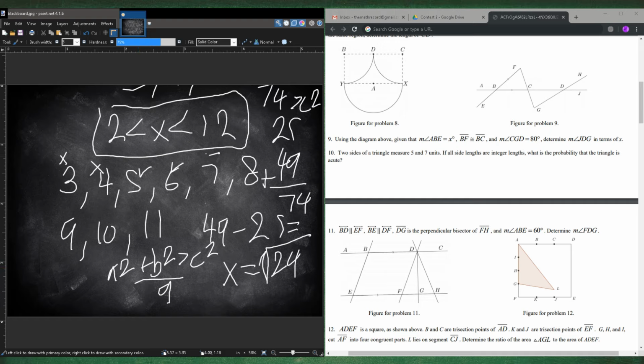So because c squared is the highest, 8 squared is 64, so this is going to be true. So 8 also works. 9, which is 81, won't work, because 74 is greater than 81 is not true.